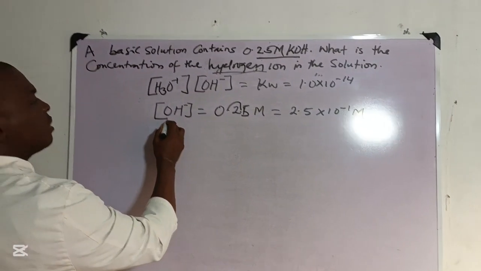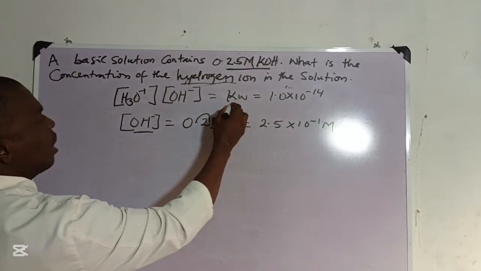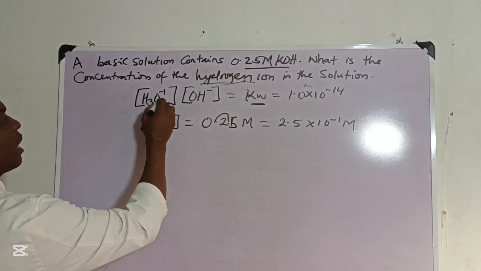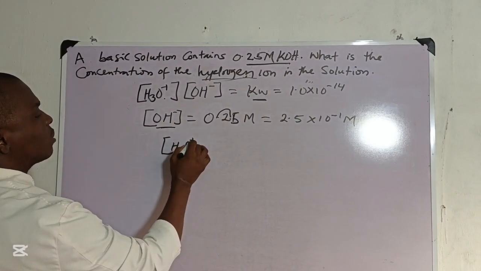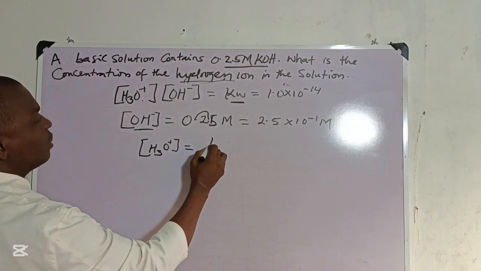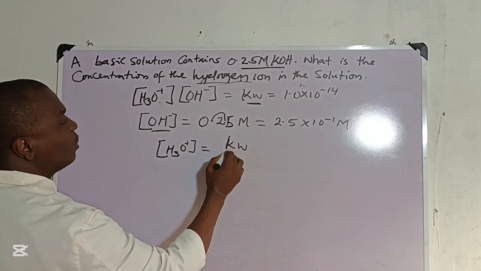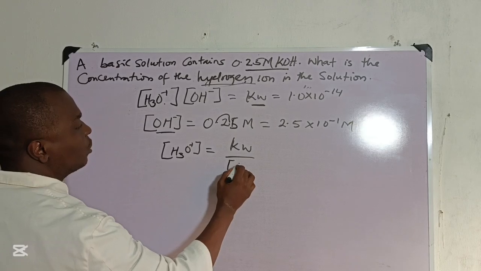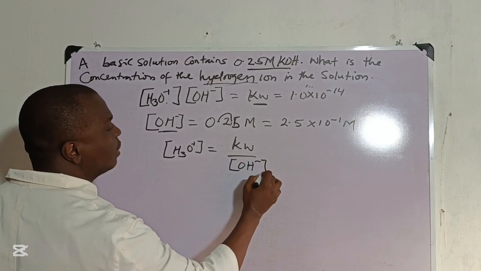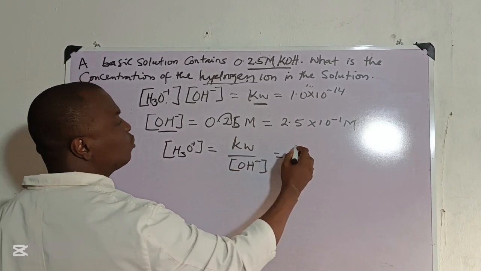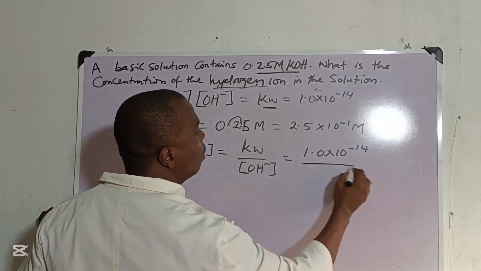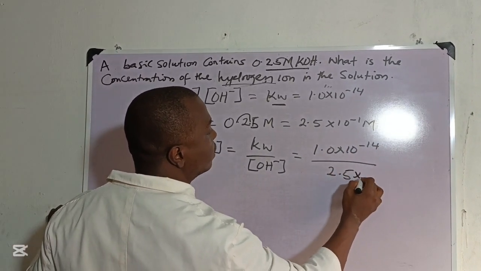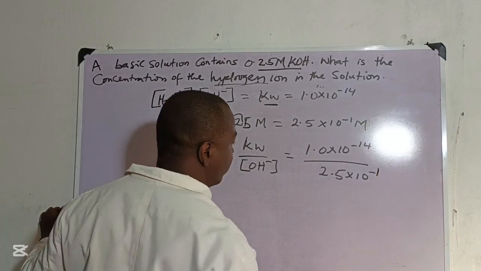Since we have the concentration of hydroxyl ion and we have our Kw, we can solve for the hydrogen ion. If we do that, concentration of hydrogen ion is equal to Kw all over concentration of hydroxyl ion, which is 1.0 times 10 raised to power minus 14 all over 2.5 times 10 raised to power minus 1.